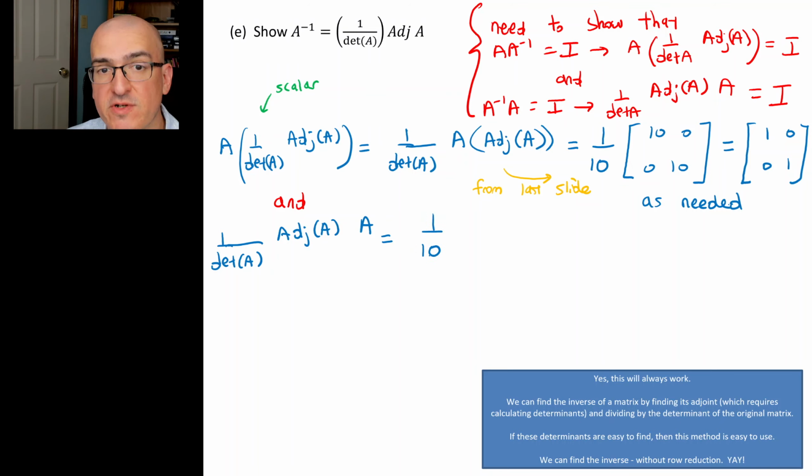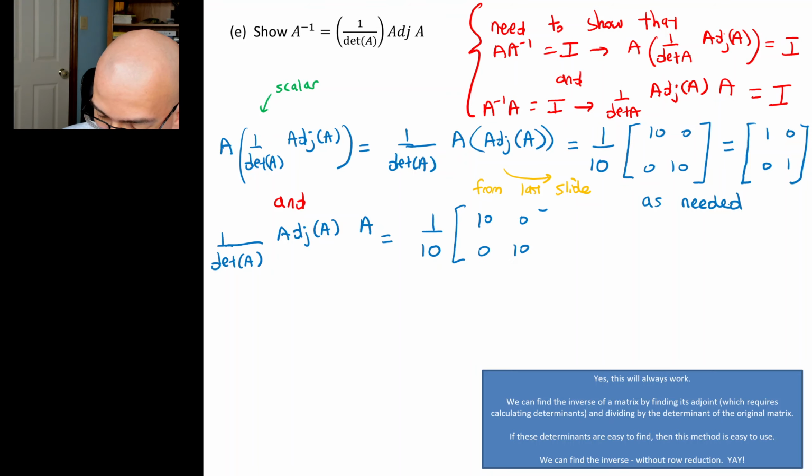We already did adjoint of A times A, 10, 0, 0, 10 from the previous slide. And that simplifies to 1, 0, 0, 1 as needed.